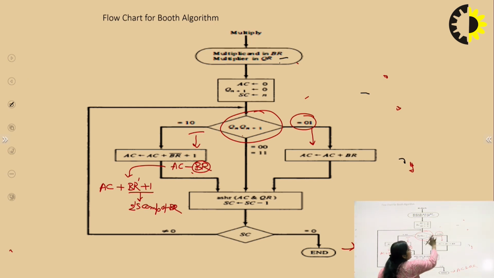If Qn and Qn minus 1 is 0 1, then AC plus BR is performed as a simple binary addition, and then the arithmetic shift right. In all these 4 cases, every time we have to check the sequence counter value. Whenever the sequence counter value is 0, the result will be in the AC and QR.